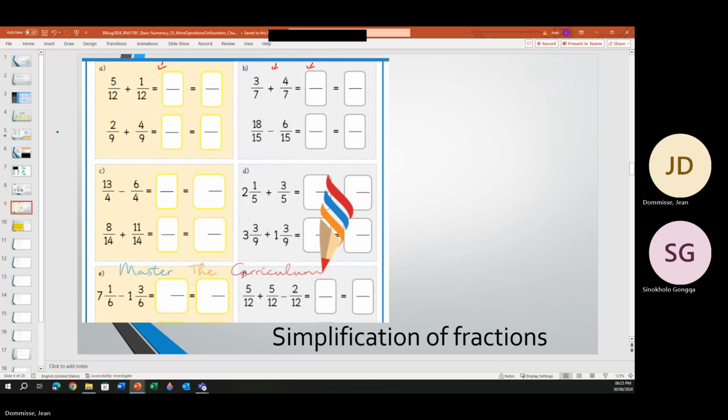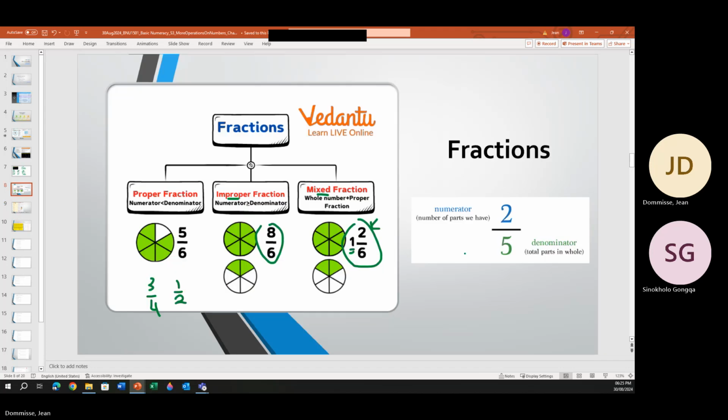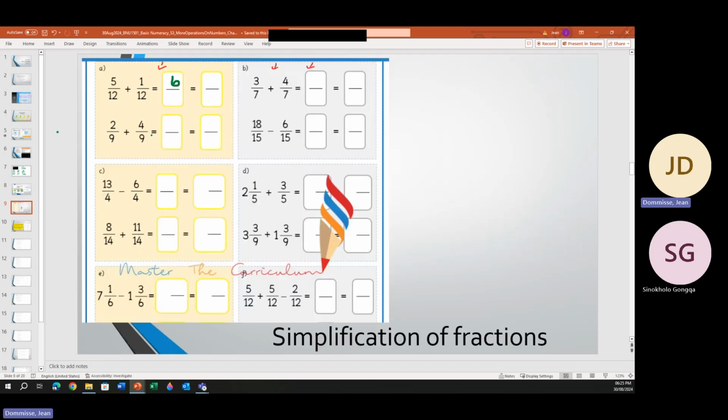In this first one, we see 5/12 plus 1/12. So 5 plus 1 is 6, and we can do it because it's the same denominator at the bottom. So 6/12. But basically, the reason they want you to rewrite it is that there is a simpler answer.